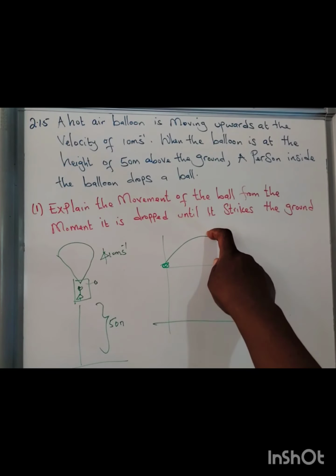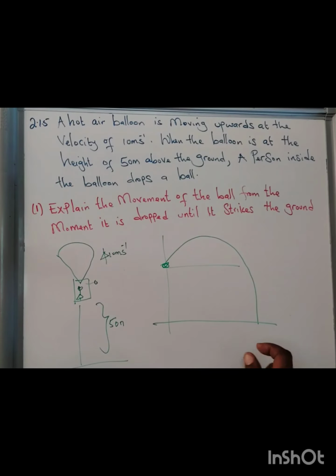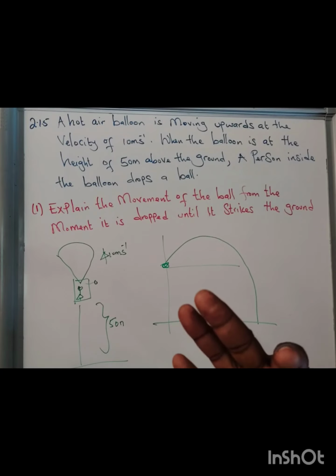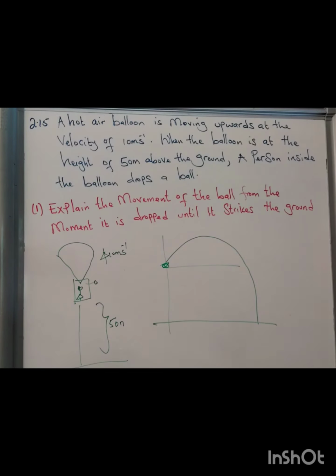It reaches maximum height, then from there it starts to come down and strikes the ground. That is a bit different from what we knew. What do we know? We know that when the ball is released, it was supposed to come down under the influence of gravitational force. But that's what happens.